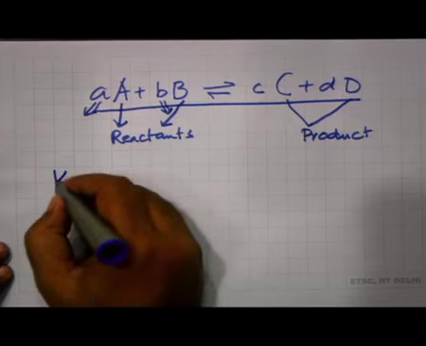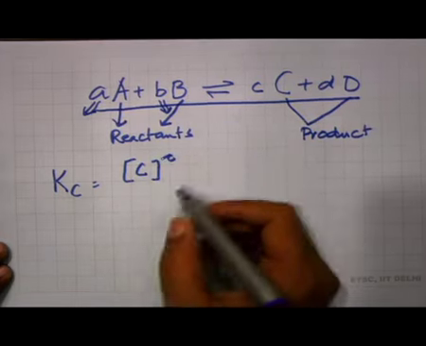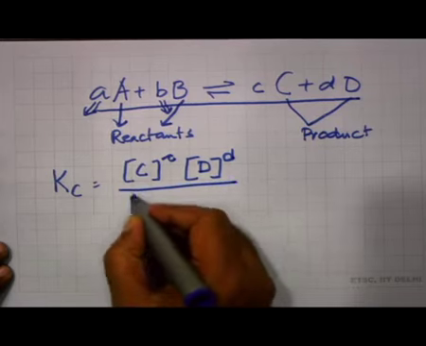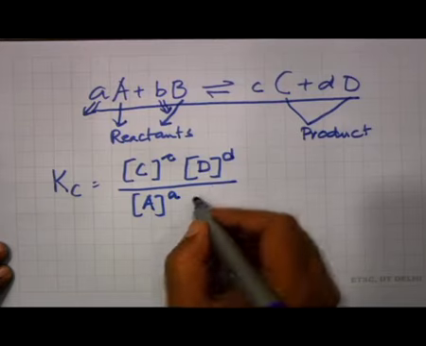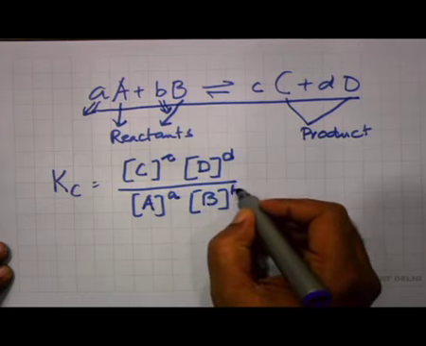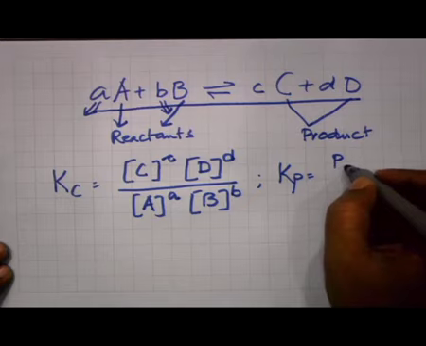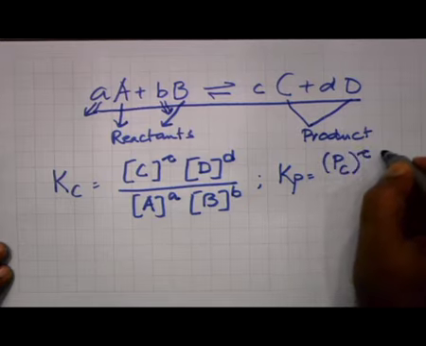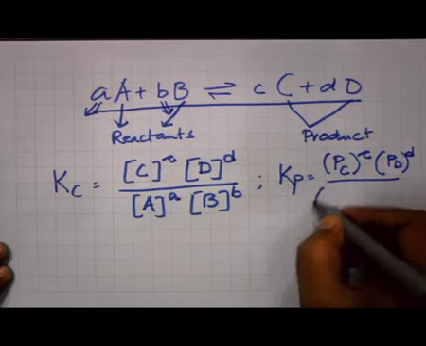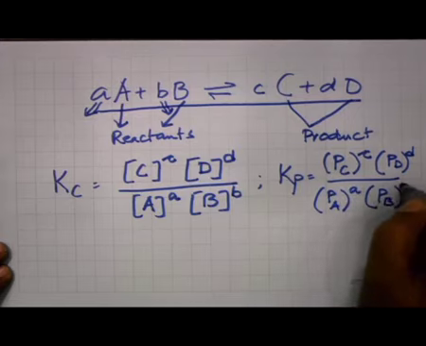In that case, Kc is written as concentration of C raised to the power c, concentration of D raised to the power d, divided by concentration of A raised to the power a and concentration of B raised to the power b, whereas Kp is pressure of C to the power c, equilibrium pressure of D to the power d, divided by equilibrium pressure of A to the power a, equilibrium pressure of B to the power b.